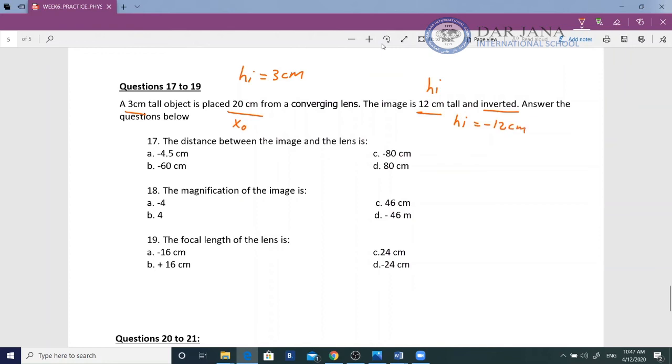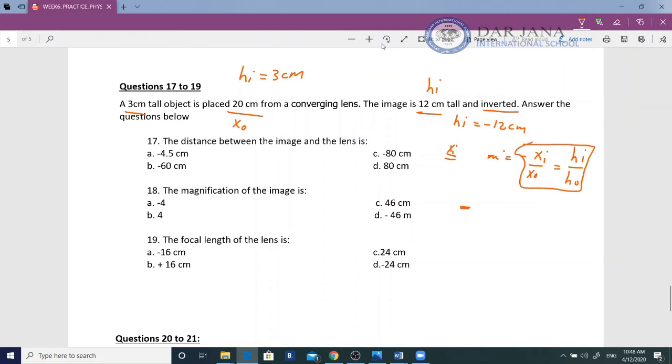The distance between the image and the lens, so we need XI. We use the magnification formula here. Magnification is equal to -XI over XO equal HI over HO. So we will use these two together.